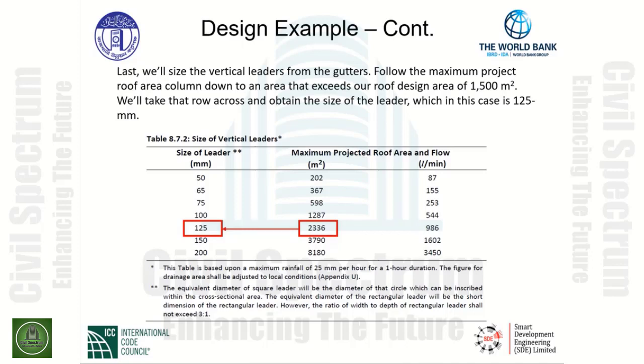As we can see, the value is 2,336 square meters. Moving to the left-hand side of the table to the first column, we size the leaders at 125 millimeters. That is, each leader on opposite sides of the gutter would need to be sized at a minimum of 125 millimeters. And this concludes our design.